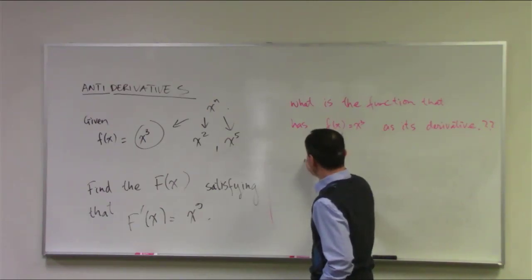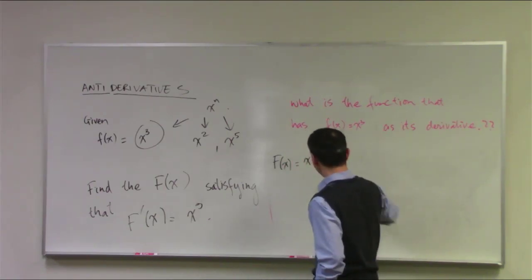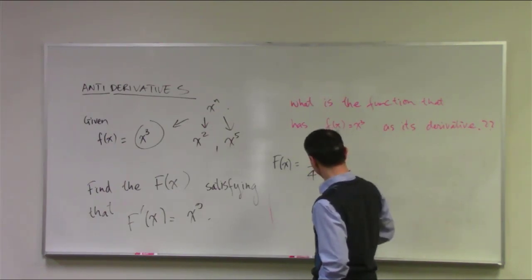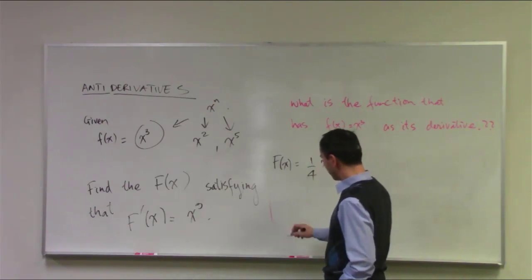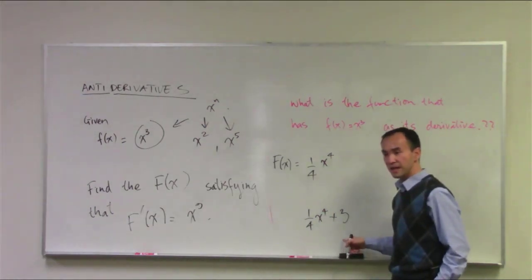And so now capital F of x, according to your work here, you found it, right? It's 1/4 x to the 4th. The question now is, what about something like this? 1/4 x to the 4th plus 3. Can this be that capital F as well?